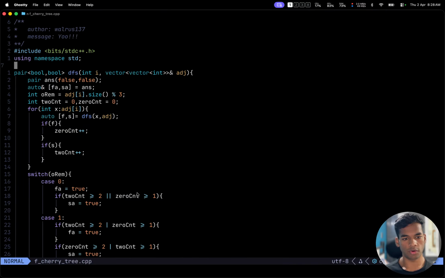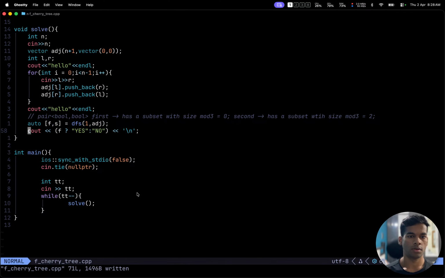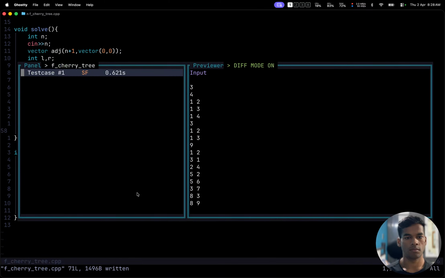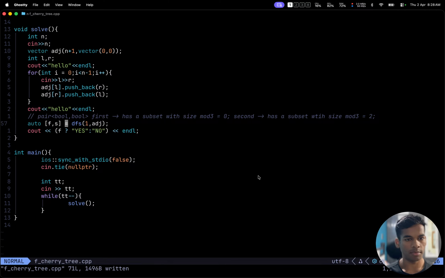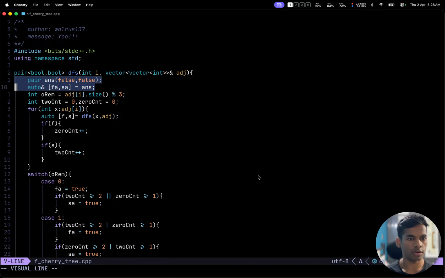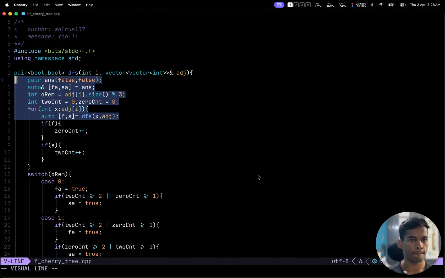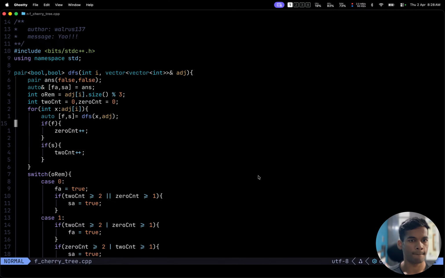Nodes are numbered from 1 to 2. Okay, yep. It is happening in the DFS function somewhere. ADJ I, that is valid, no problem with that.